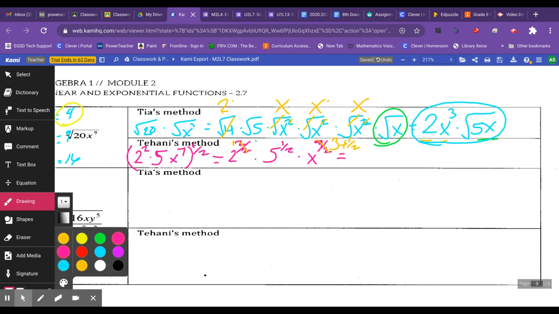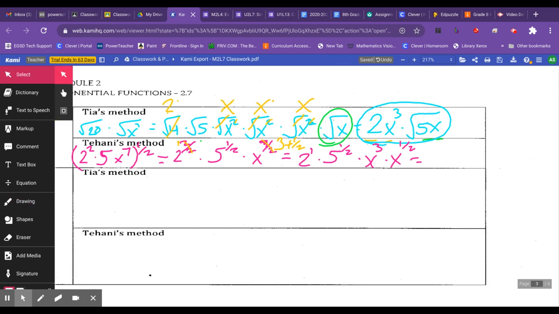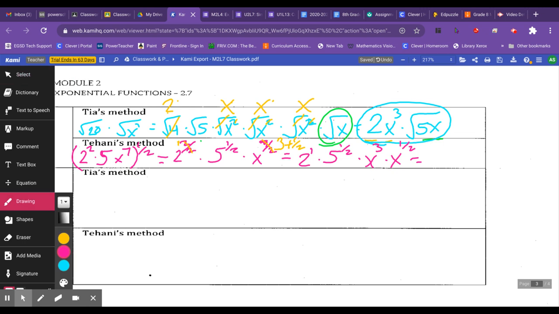So let's go ahead and put those over here. Now I have 2 to the first times 5 to the half times x to the third times x to the half. Just like in the one above, I want to take all the ones with the whole exponents. These guys have whole number exponents, so I want to put them first.